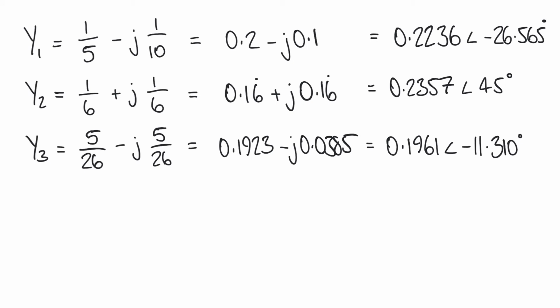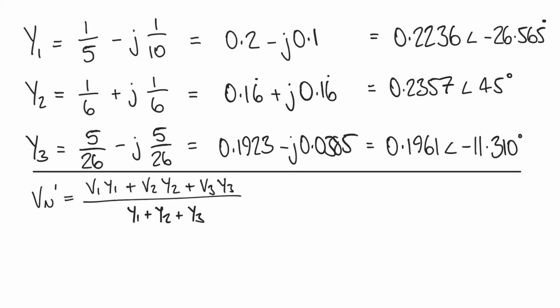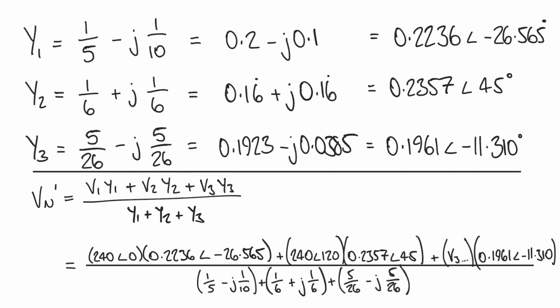But anyway, we substitute those values into our formula here, and we'll see something very big to begin with, like this. So one of the advantages of having our admittances in both rectangular and polar forms is you can see here that when I've substituted the admittances in the numerator of our equation for Millman's theorem, they're in polar form because we're going to be multiplying on the top row.